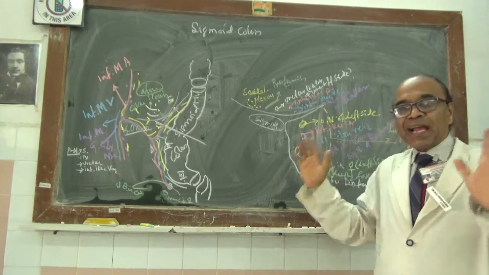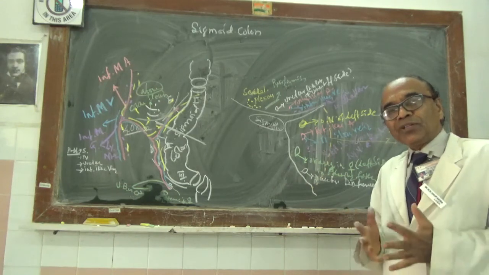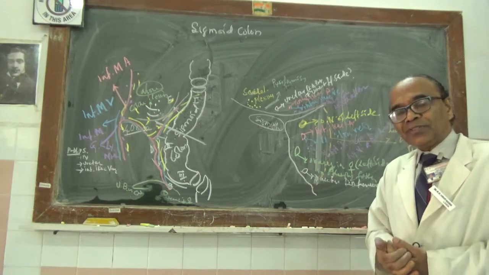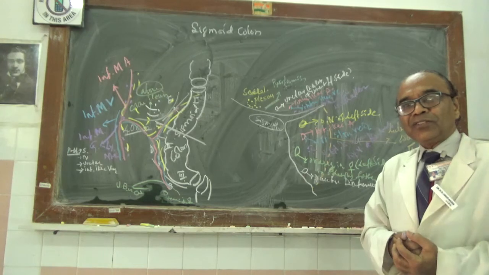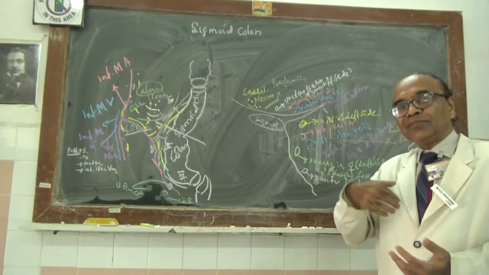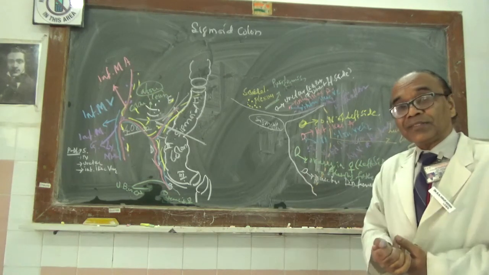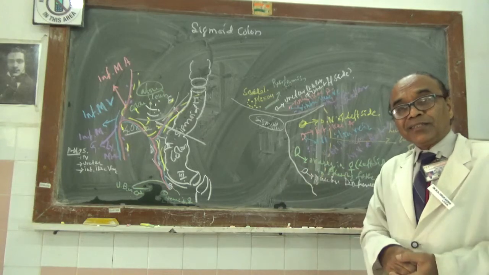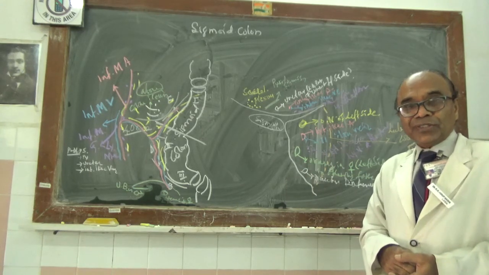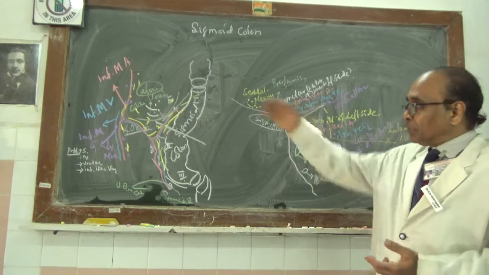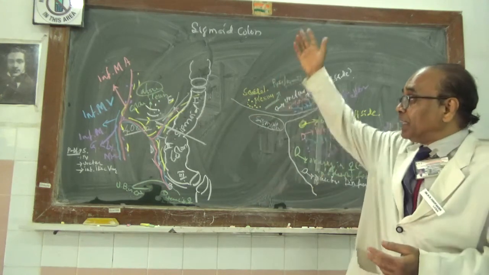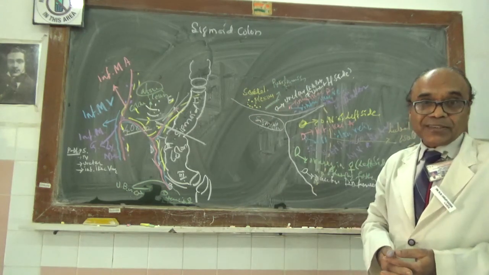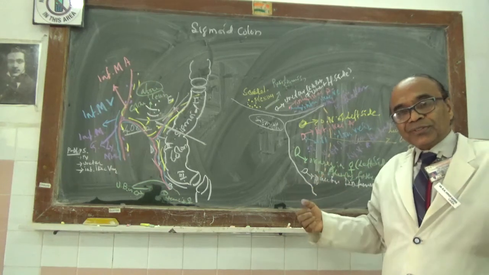After having this, now what one must know is how you differentiate the small intestine from the large intestine. Small intestine has a mesentery, whereas the entire large intestine is totally fixed.